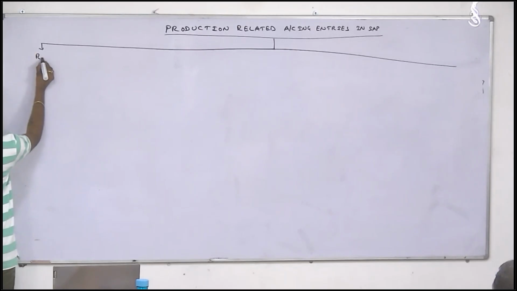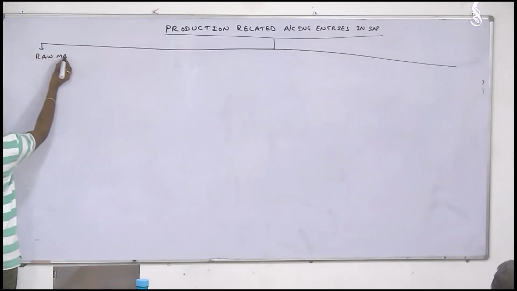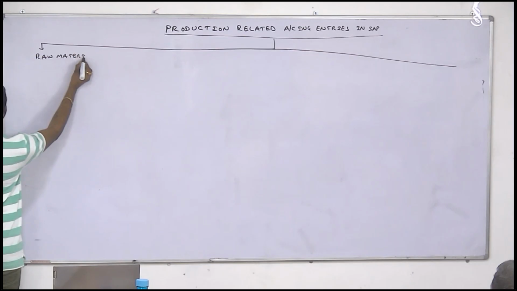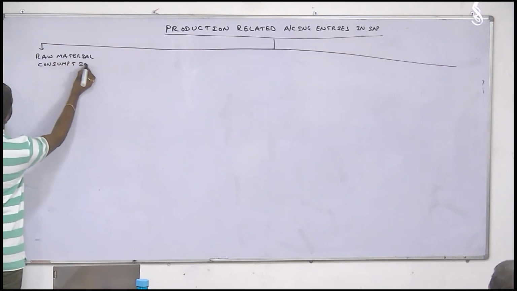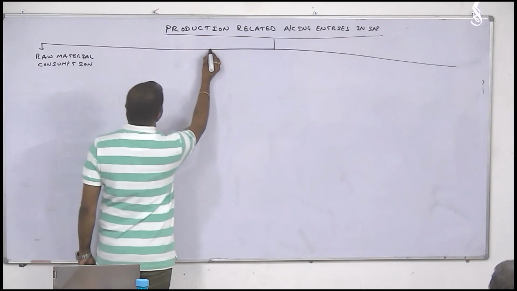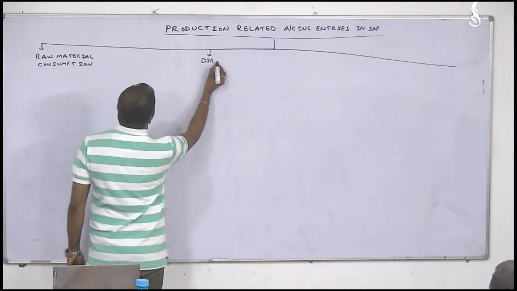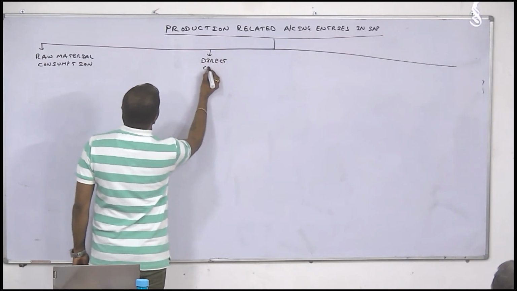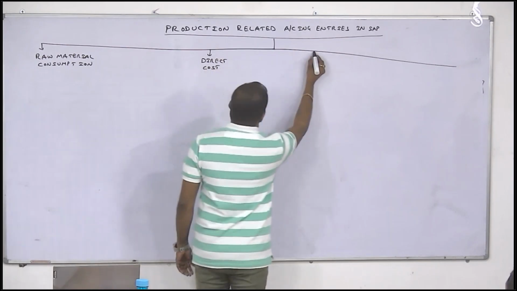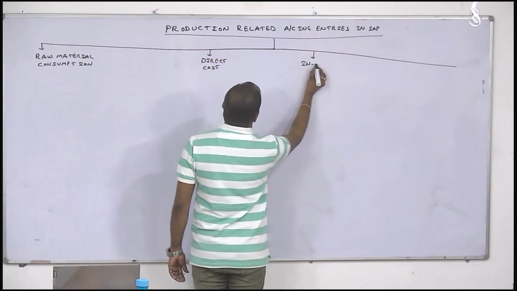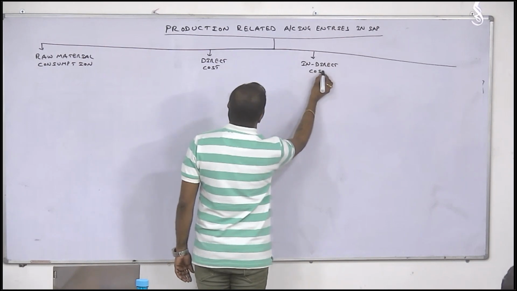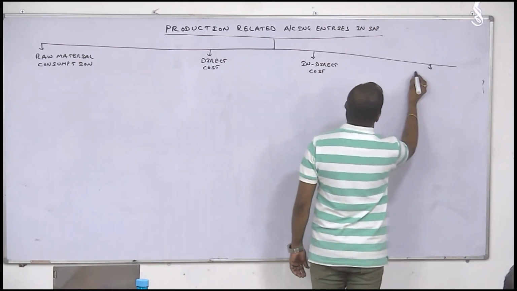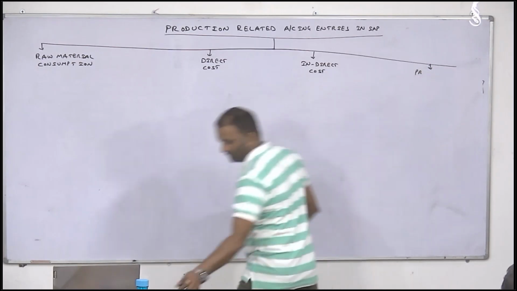The first one is raw material consumption. The second one is direct cost. The third one is indirect cost. The fourth one is, sorry, divided into 5 ways.